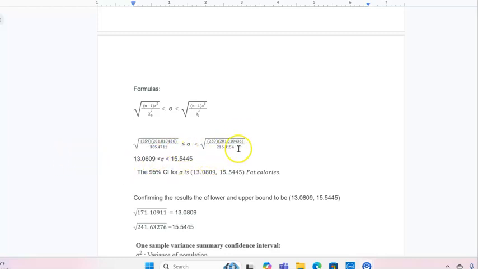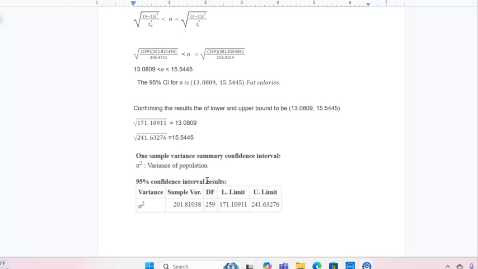Right here is the numbers plugged in, and what we got from that is 13.0809, and then the maximum value is 15.5445.